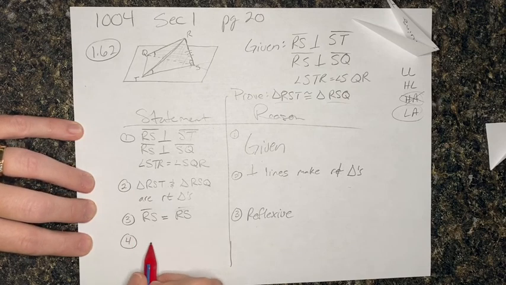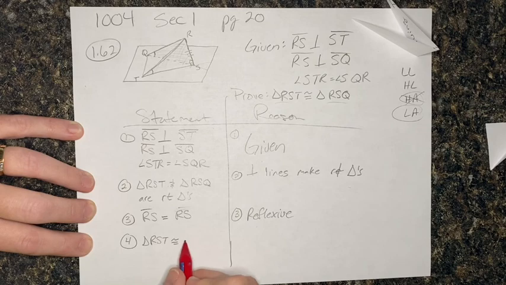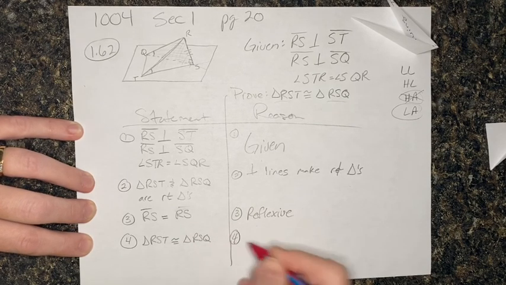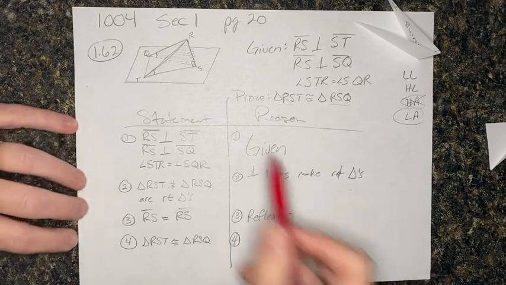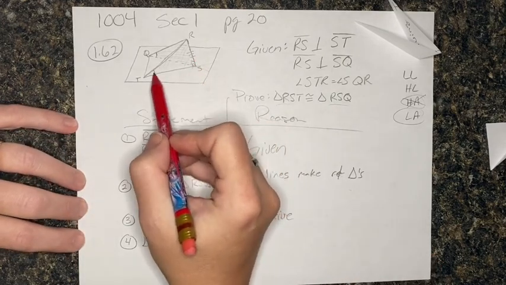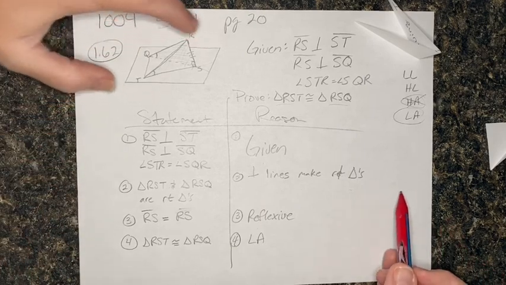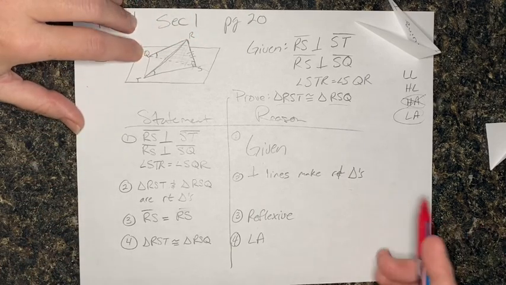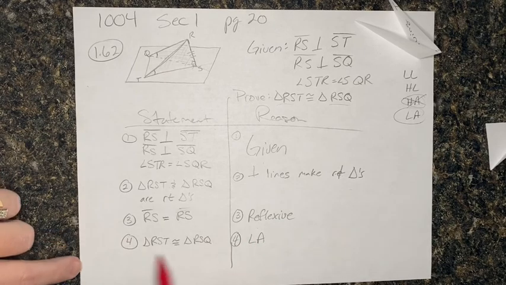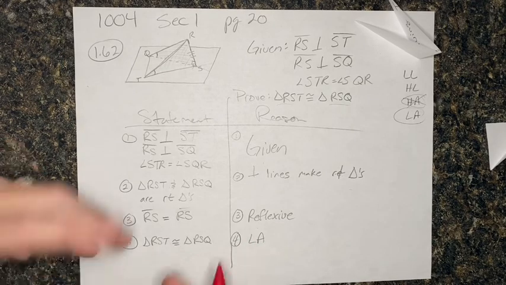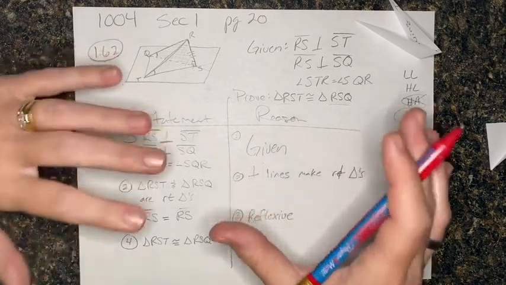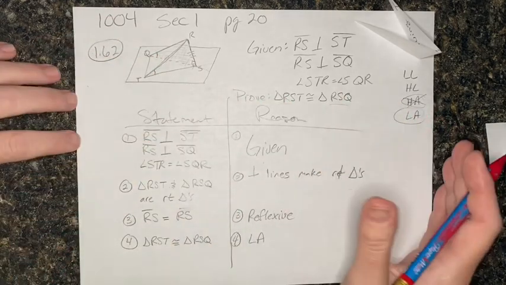So we can say that triangle RST is congruent to triangle RSQ. For what reason? What proof do we have of that? Well, we have a leg and an acute angle. So we have our law. We have a leg and acute angle equal to each other, and that is our proof that these two triangles are congruent triangles. Okay? That's it for section 1.